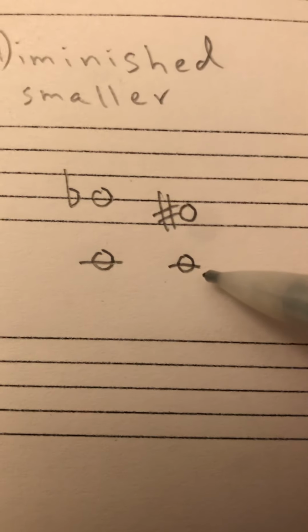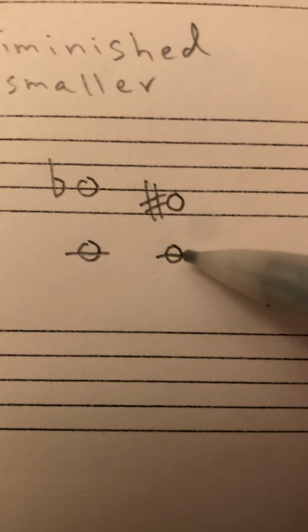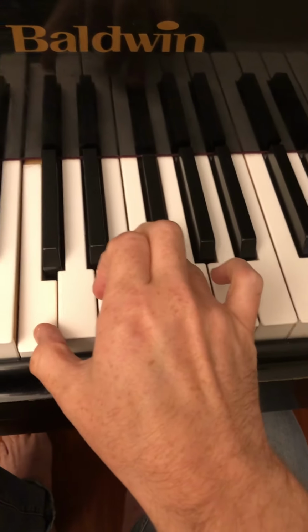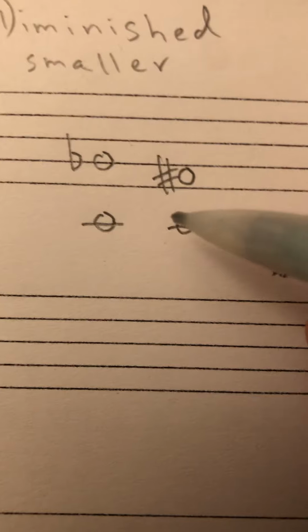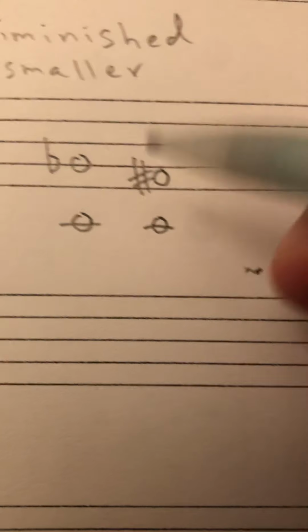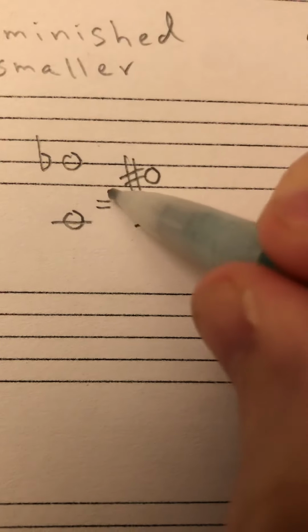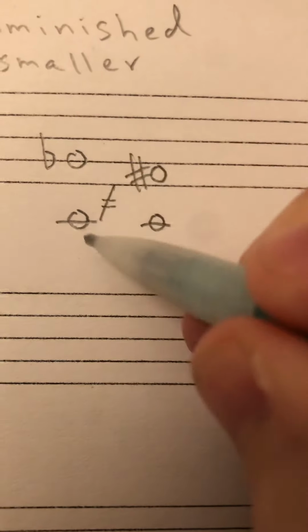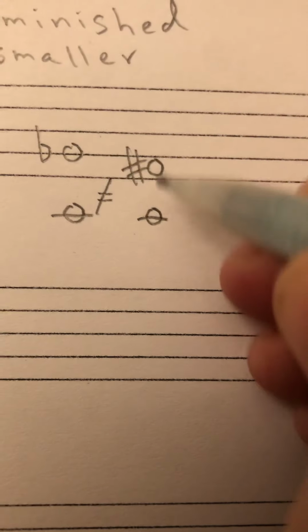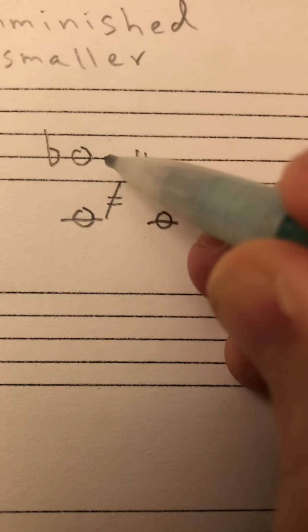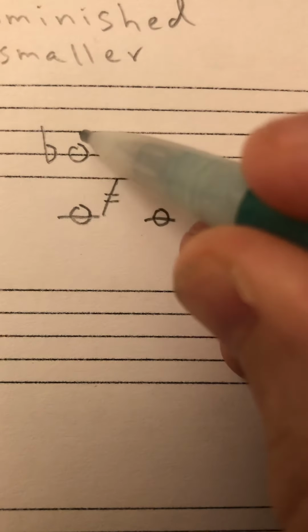That looks like a fourth, because it would be 1, 2, 3, 4, but with the F sharp. So the thing is, these two intervals sound the same, and you're playing the exact same keys, but they're really not equal, because this looks like a fifth and this looks like a fourth. So yes, they're the same keys on the keyboard, but this doesn't look like a fifth. It would have to be some form of G. In this case, it's G flat.